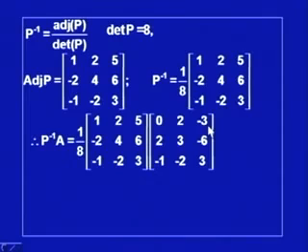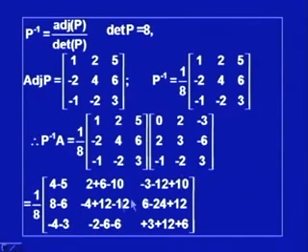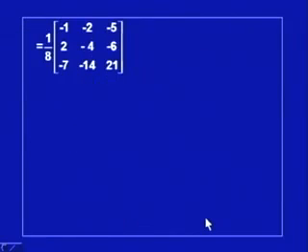Let us check whether they give rise to a diagonal matrix. So, for this purpose we compute P inverse A. This is my P inverse which I have computed here, and this is the given A. So, I compute P inverse A as the product of these two matrices, and the details are given here, and finally P inverse A comes out to be this 3 by 3 matrix.